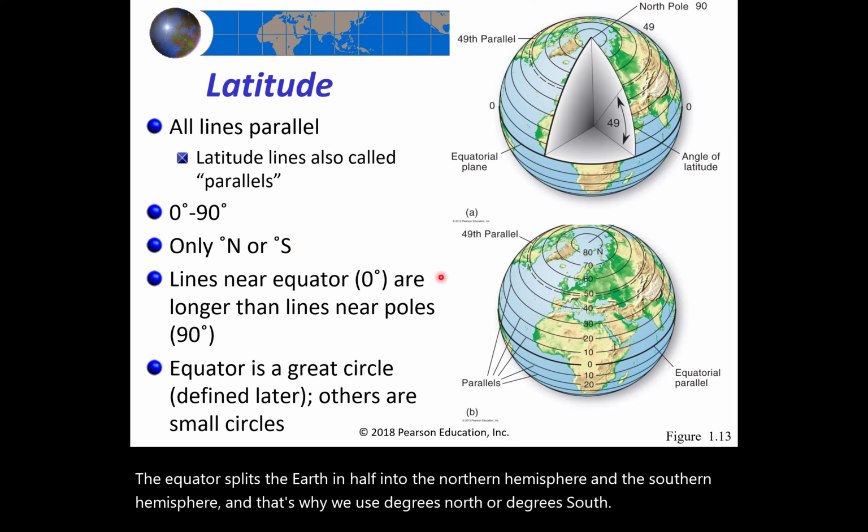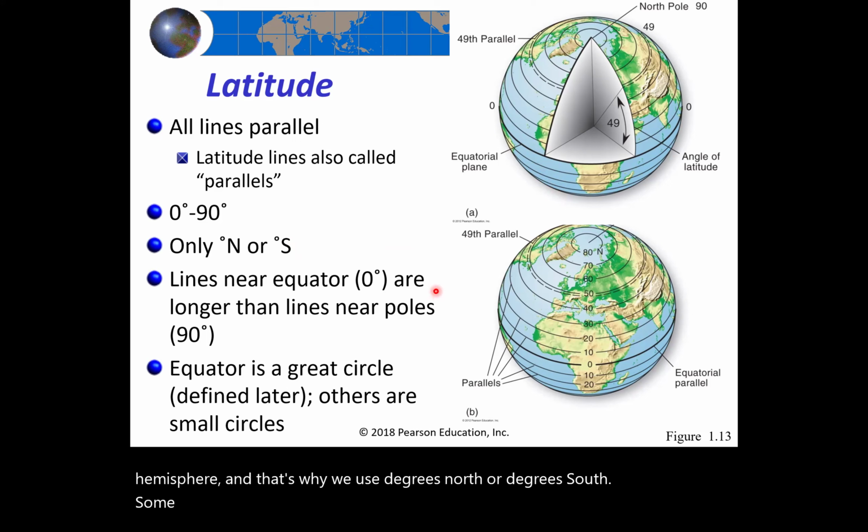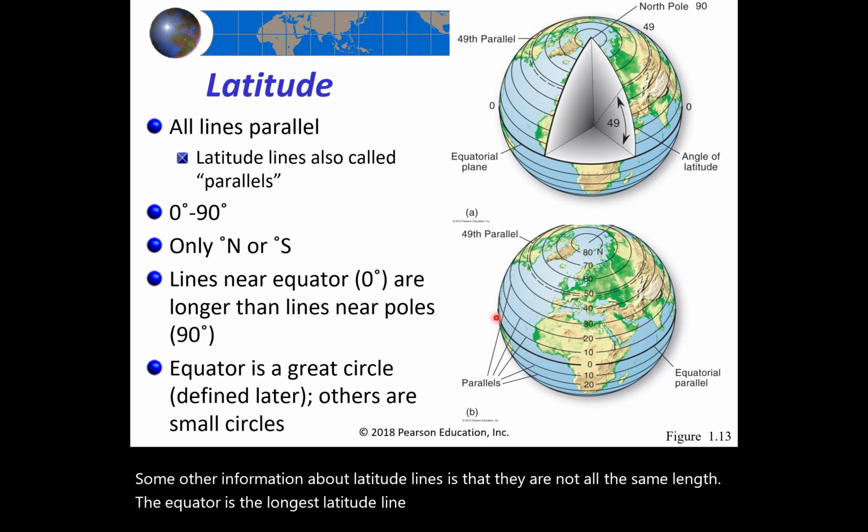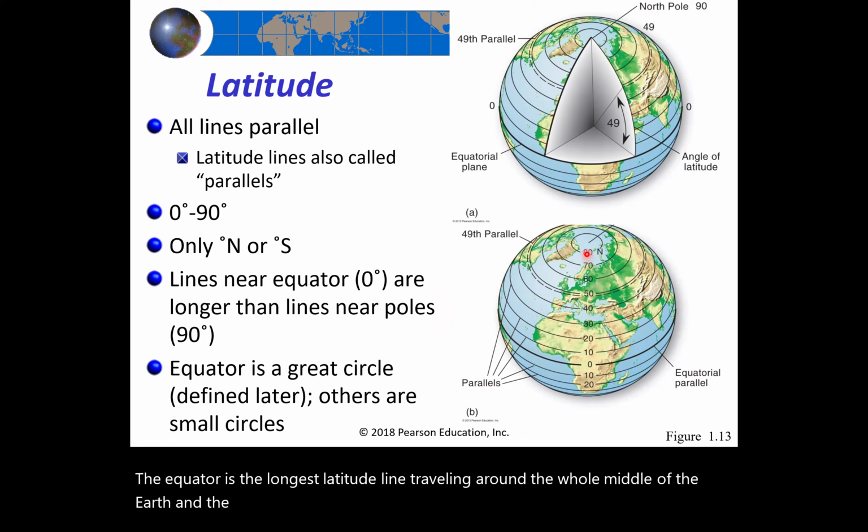Some other information about latitude lines is that they are not all the same length. The equator is the longest latitude line, traveling around the whole middle of the Earth, and the lines get shorter and shorter as we get closer to the poles. We will also talk about great circles.